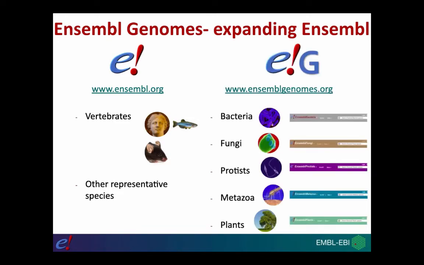But we also have a sister project called Ensembl Genomes. So if you're studying a non-vertebrate, so a bacteria, a fungi, a protist, a non-vertebrate metazoan, or a plant species, then you can access the same types of data, so the genome sequences, the gene annotation, variation data, comparative genomics, through our sister project called Ensembl Genomes.